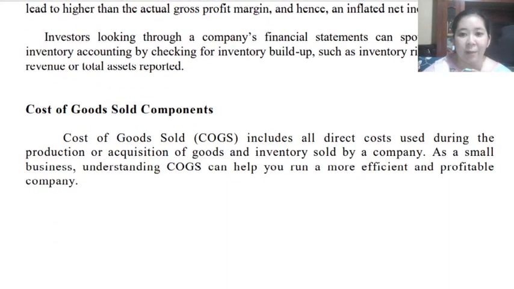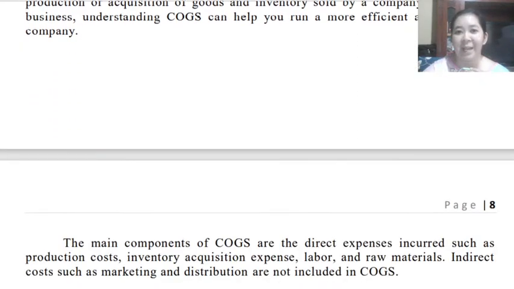So what about the components of your cost of goods sold? Basically, as mentioned before, this includes all your direct costs that were used during the production or the acquisition of the inventory sold by a company. As a small business, your cost of goods sold can help you run a more efficient and profitable company.